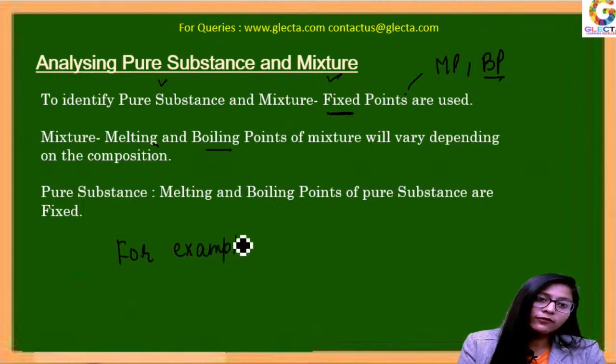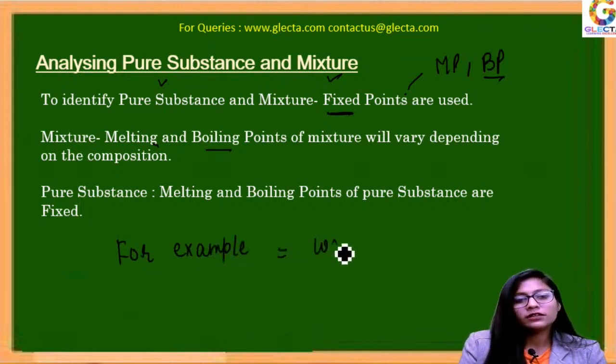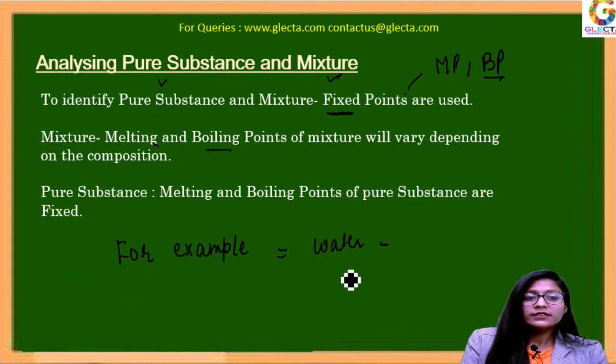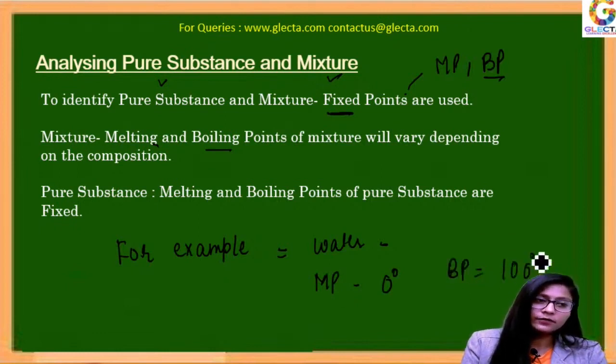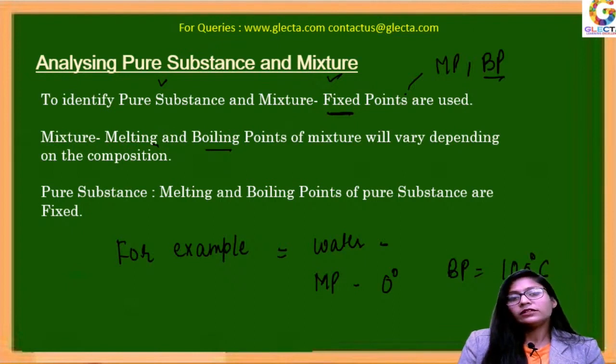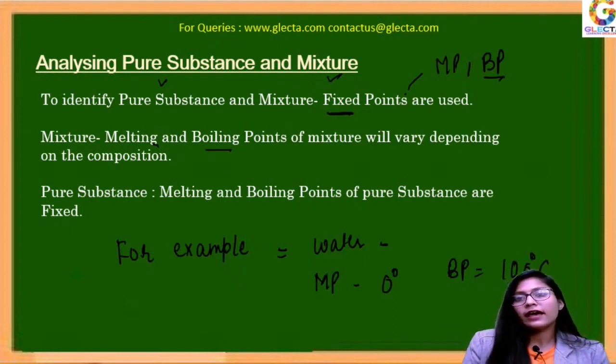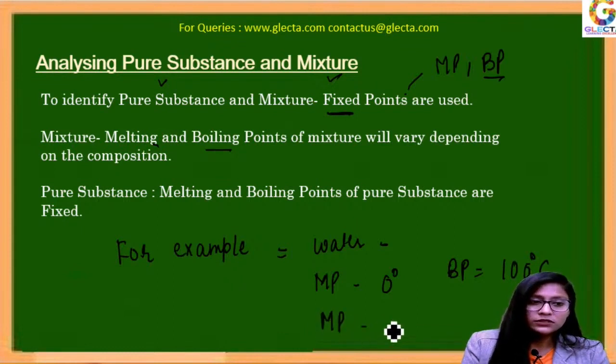if I want to give you an example, take water. Water has a melting point of 0 degrees, whereas water has a boiling point of 100 degrees. If I add some impurities or some mixture to the water, the melting point would reduce.